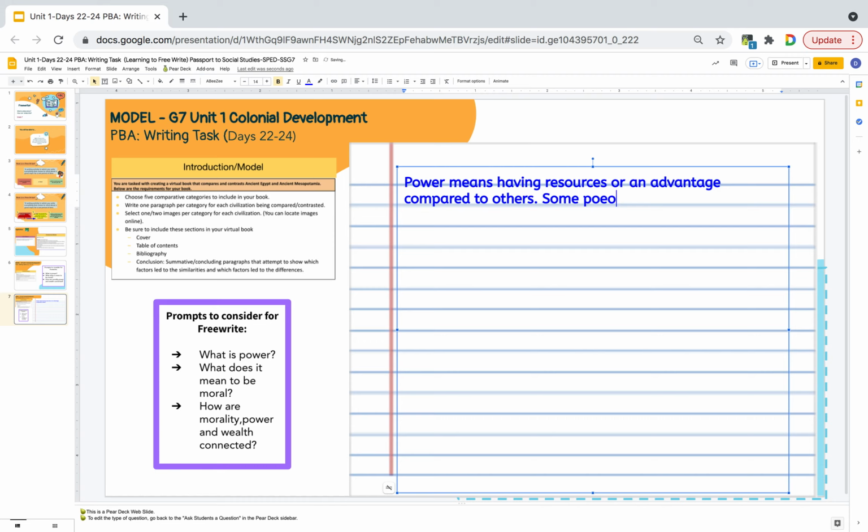Some people, so I'm thinking, who has power? So that's one of the 5 W's. Who has power? Some people have more power than others. We said, what is power already? How does one gain power? Again, I'm using the 5 W's and an H. So how does somebody gain power?